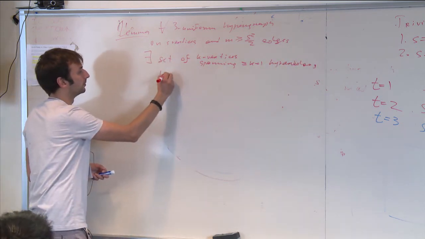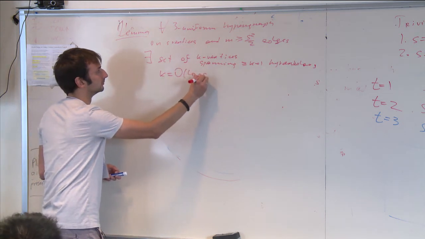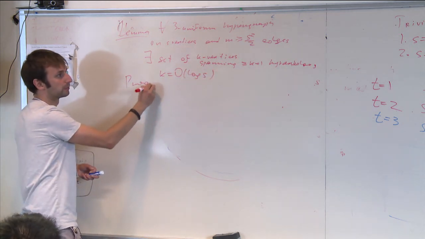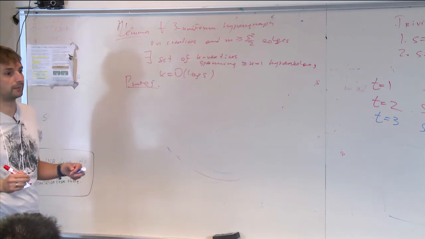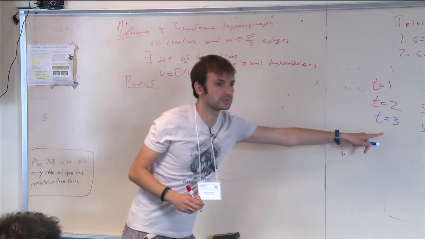And k is small. If we prove this, we prove a lower bound on S. S must be at least square root of m, even when t equals 3.